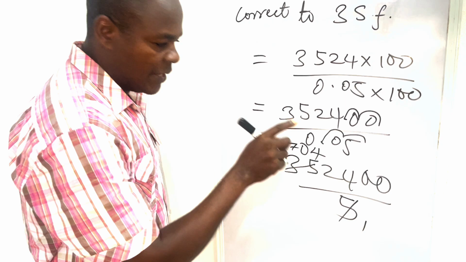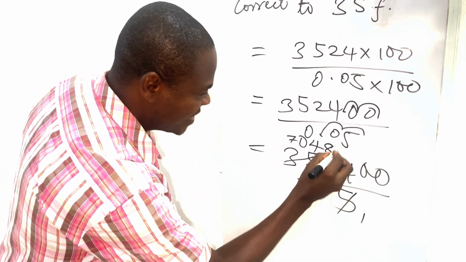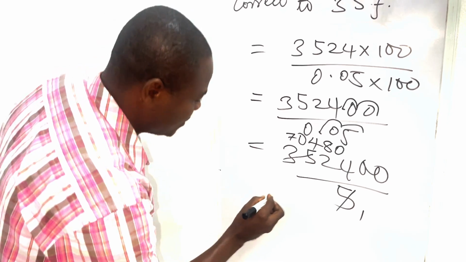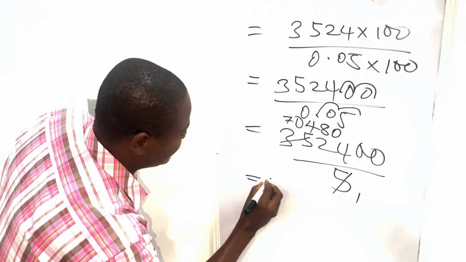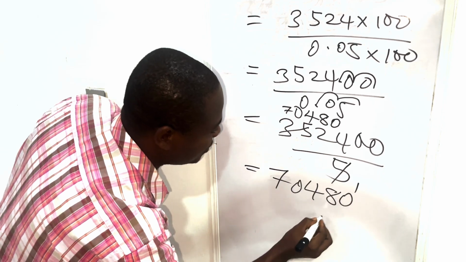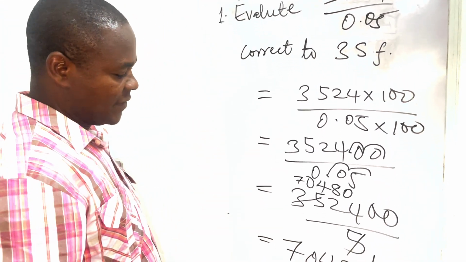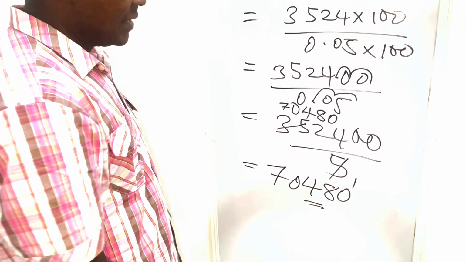Remaining 4. 5 into 40 will give me 8. 5 into the remaining 0 will give me 0. So my answer essentially is 70,480.